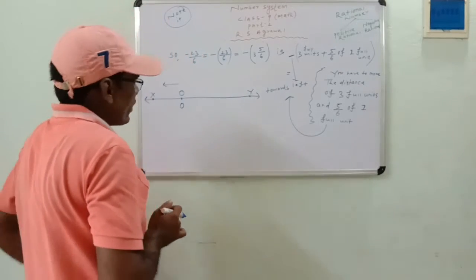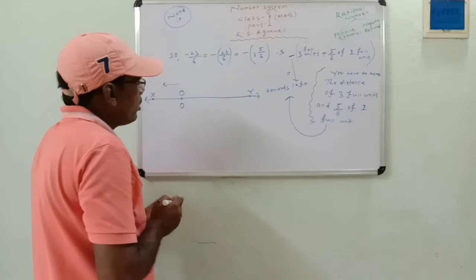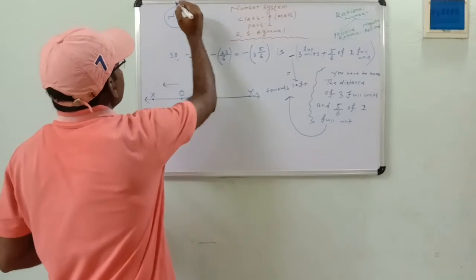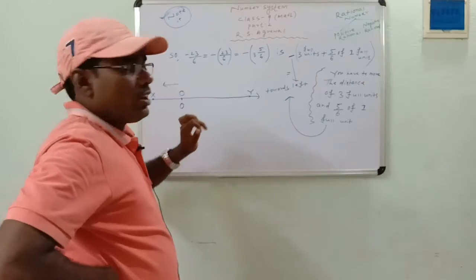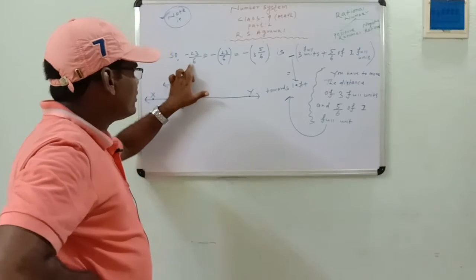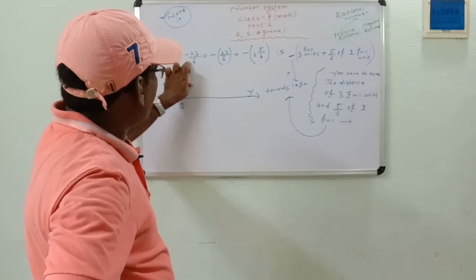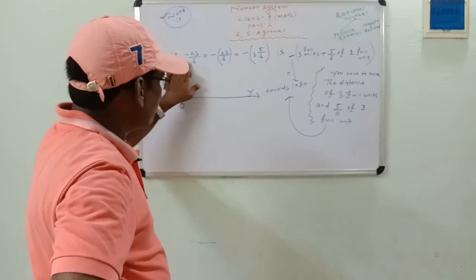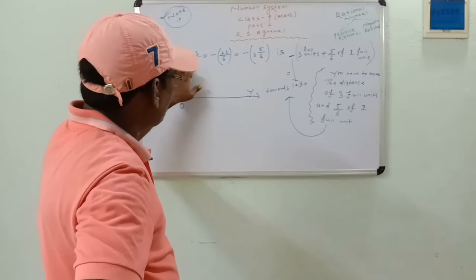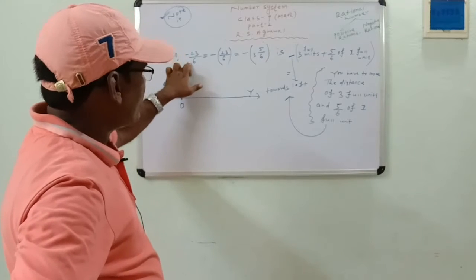So finally, first note it. So students, look here. Finally I say that your given rational number is -23/6, which you need to represent on the number line.